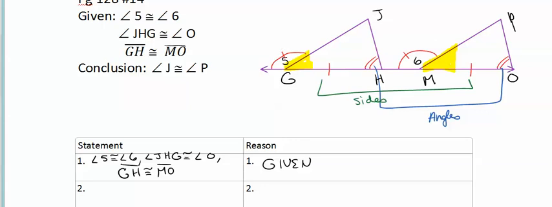We can start by saying that angle 5 is supplementary to JGH and angle 6 is supplementary to PMO. By doing this and knowing that 5 is congruent to 6, we also know that those angles JGH and PMO will be congruent, because if two angles are supplementary to congruent angles, then they are congruent.